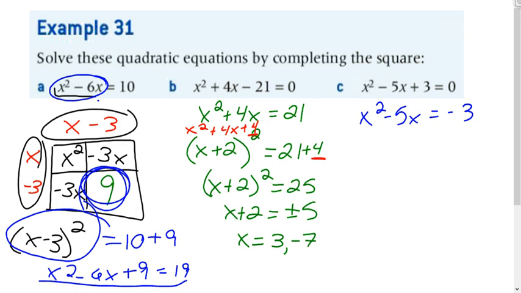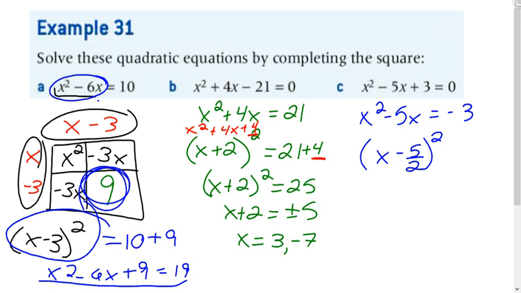So for this one, my middle term is not nice. It's a fraction. So I get x minus 5 halves, quantity squared. What you'll notice is that always ends up being half of whatever b is. It's half of b. Because you have to add two of them together.